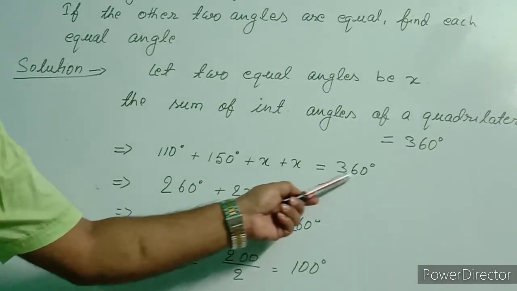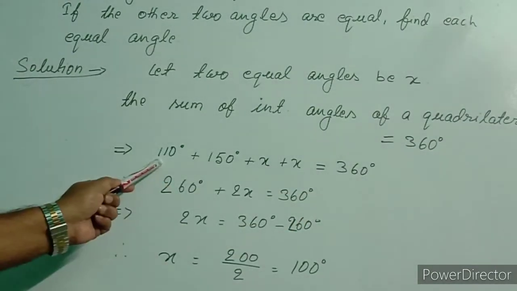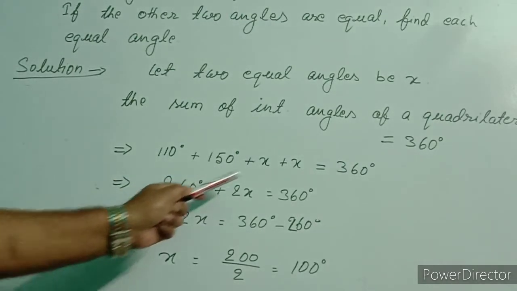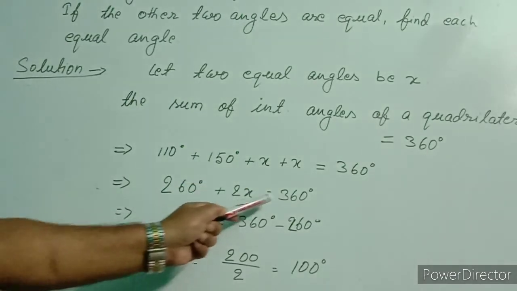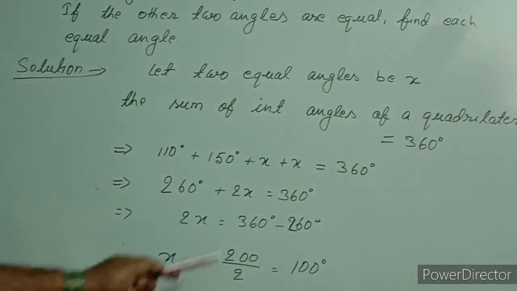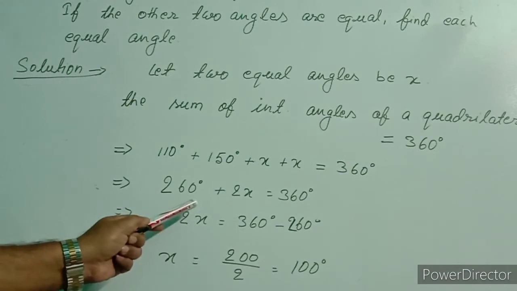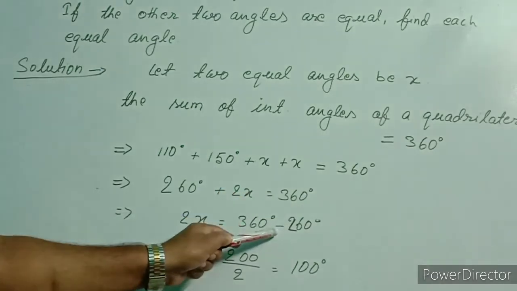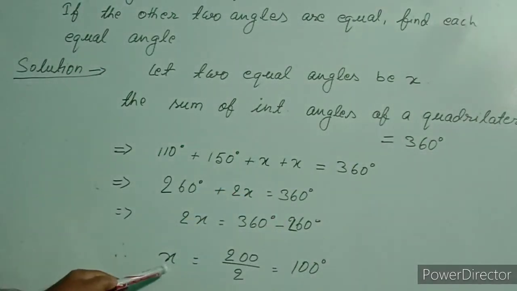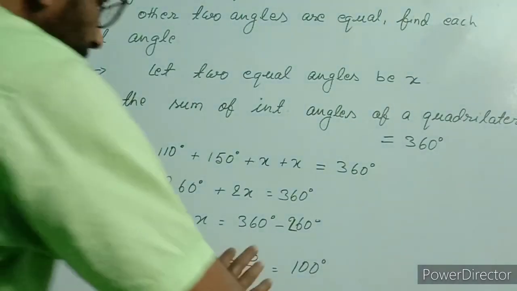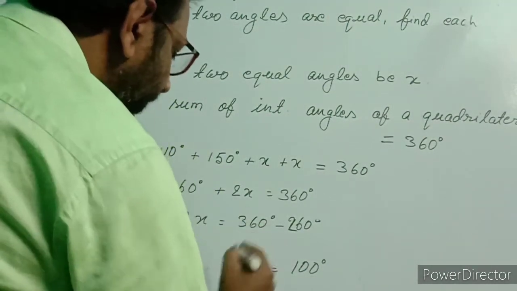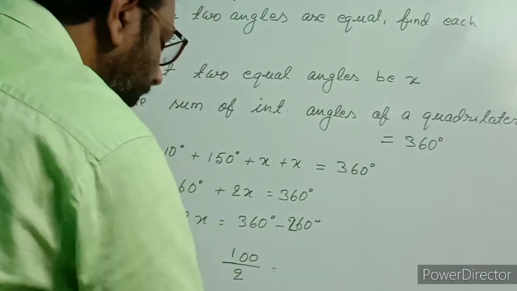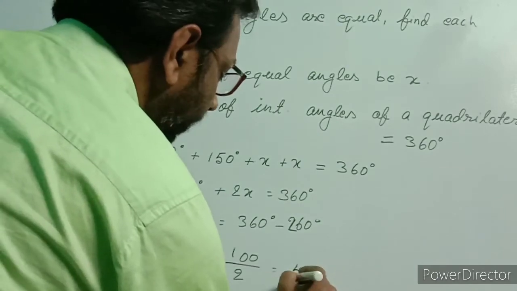From this equation, we have to find out the value of x. We added these two, 110 plus 150 equal to 260 degree, plus 2x equal to 360 degree. So 2x equal to, I followed transposition, 260 went that side. After sending that side, it will be minus 260 degree. So we subtracted and we got here 100, and this simplification will be equal to 50 degree.